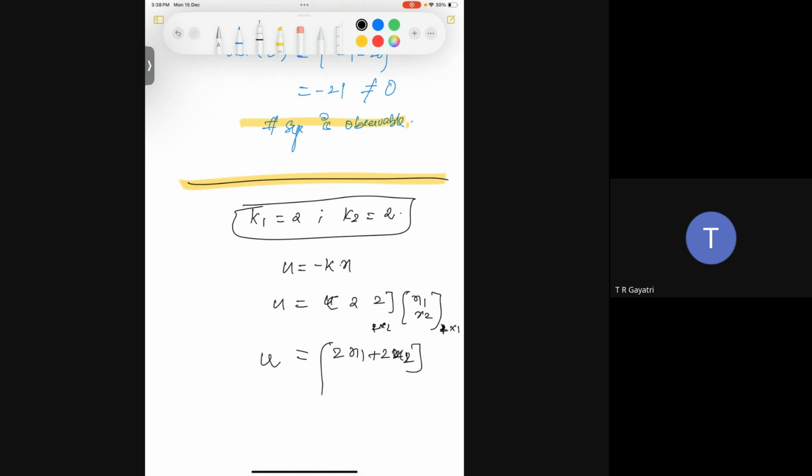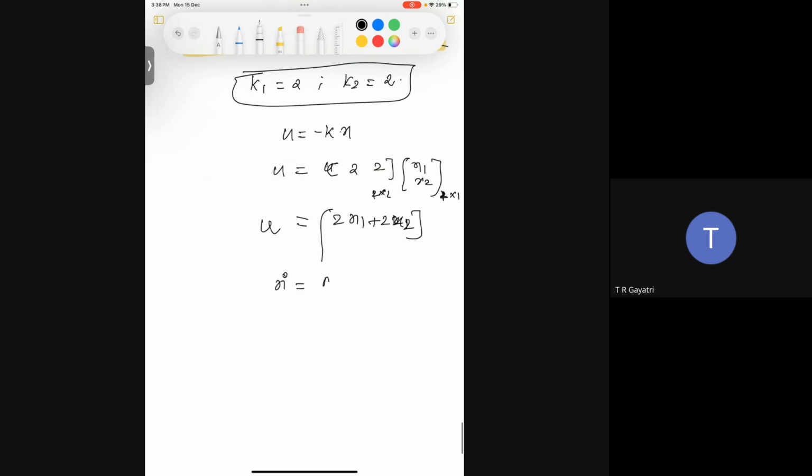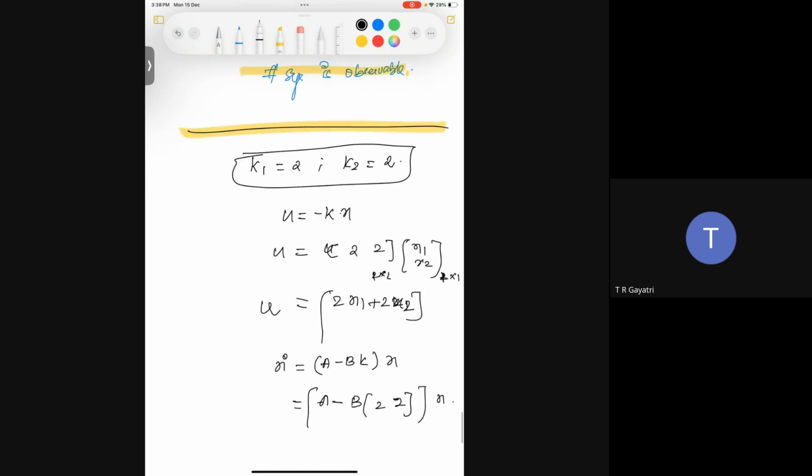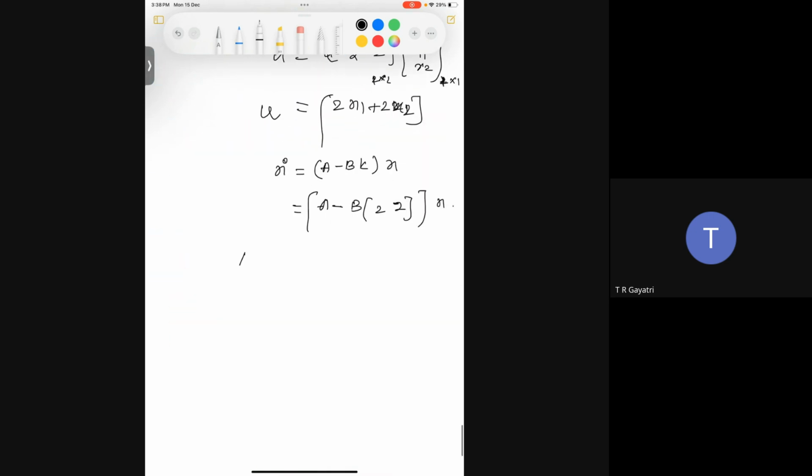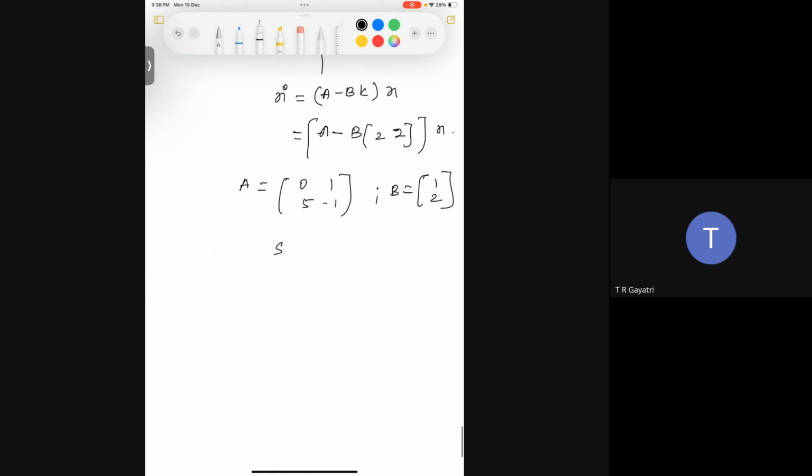This is your K. So when you write in terms of A minus BK of x, you should be able to write A minus B into K, where K is 2, 2. So A, B matrix, the original matrix that we saw: A is 0, 1, 5, minus 1, and B is 1, 2. Previously what we used to do is sI minus A plus BK, then we found the characteristic equation.